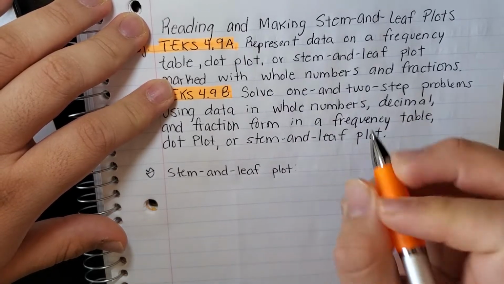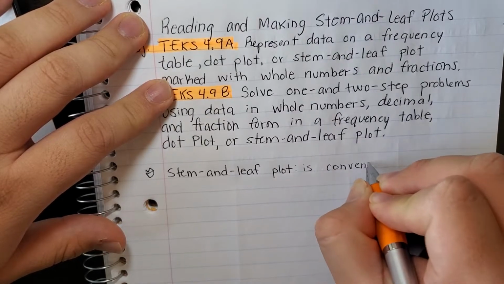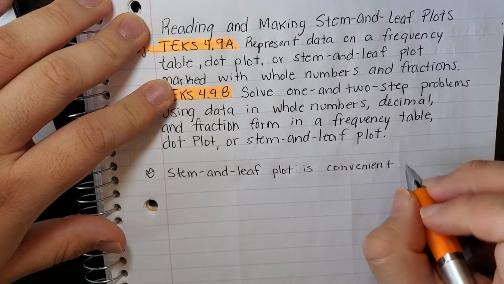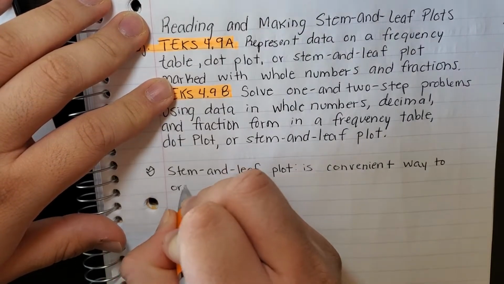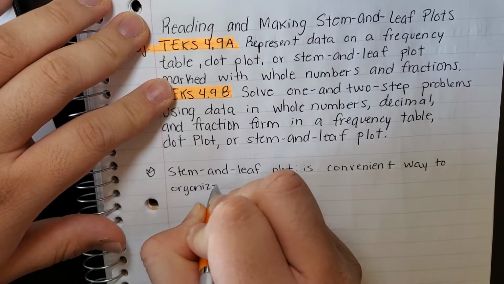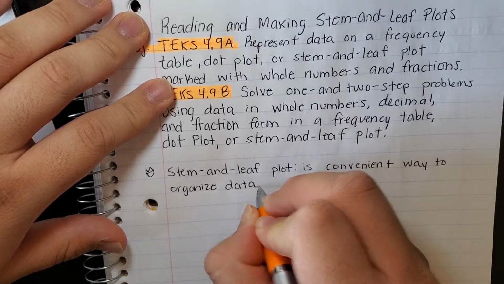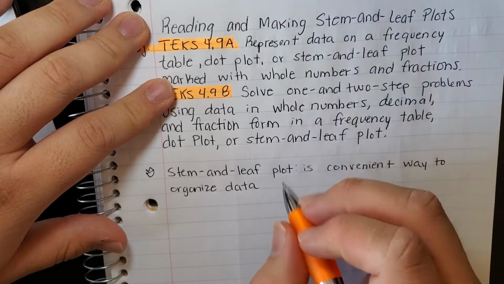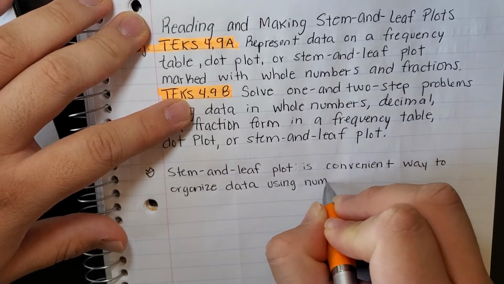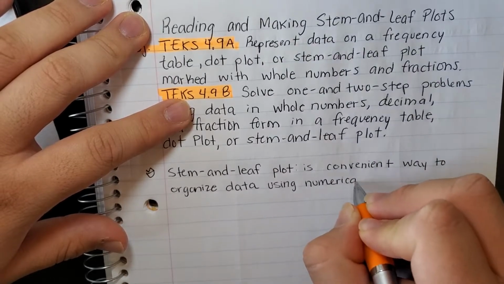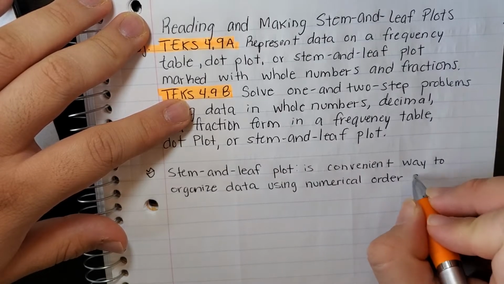Okay, the stem and leaf plot is a convenient way to organize data using numerical order and place value.